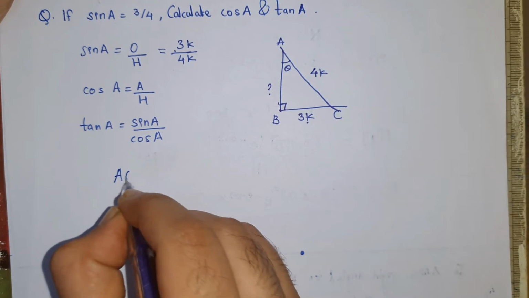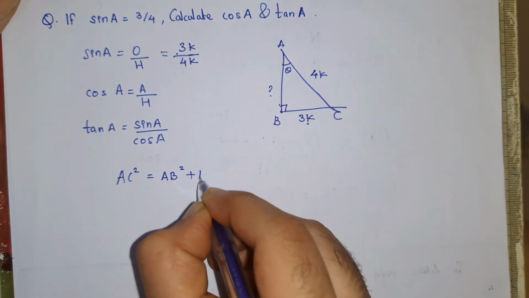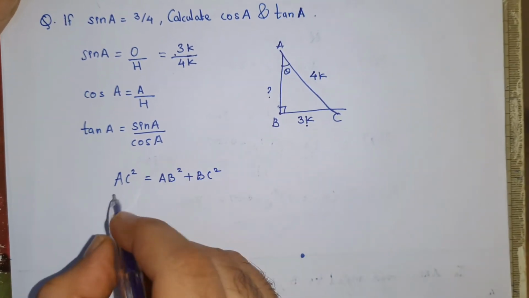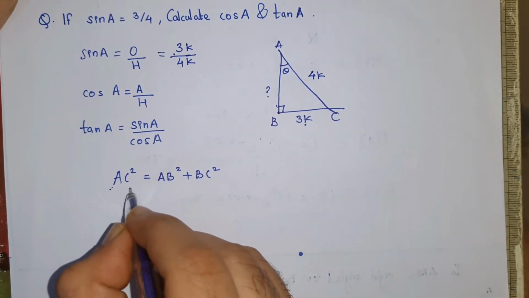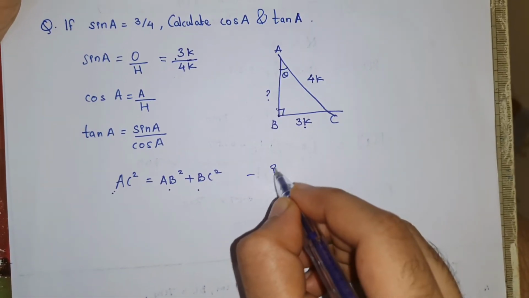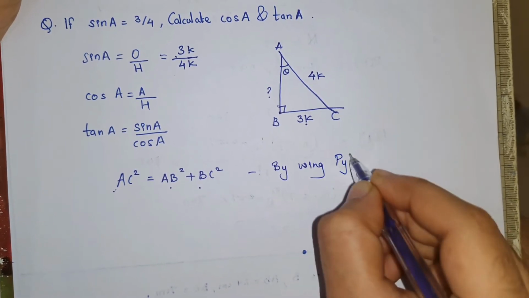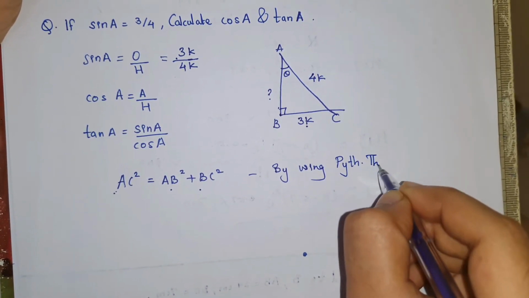AC square is equal to AB square plus BC square. Here this is hypotenuse square is equal to side square plus side square by using Pythagoras theorem.